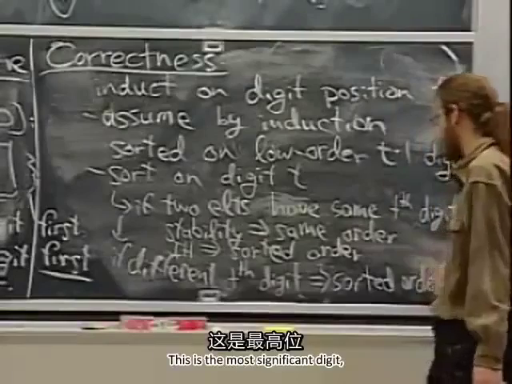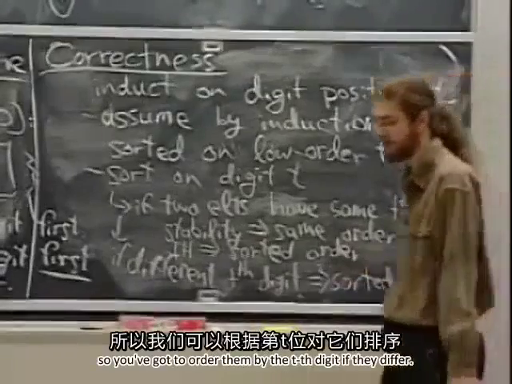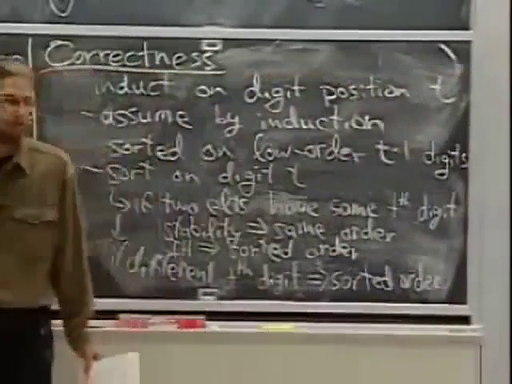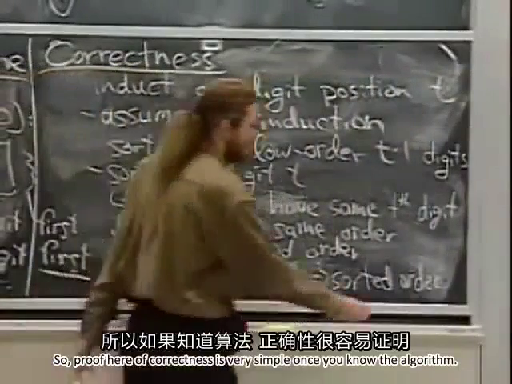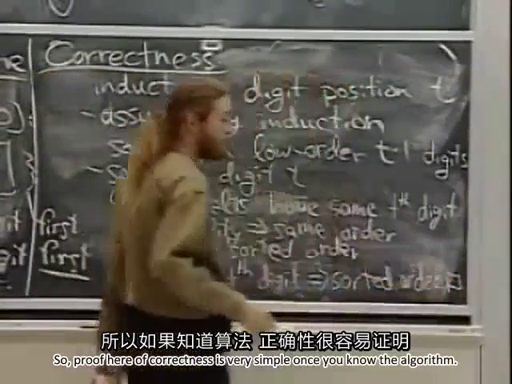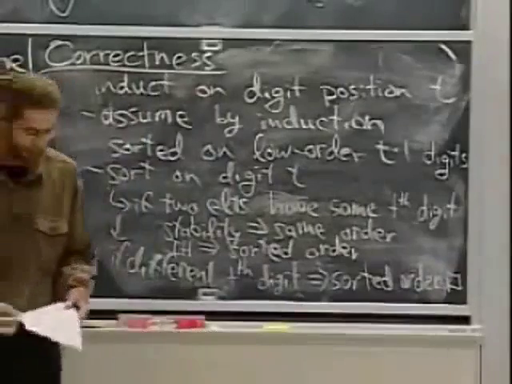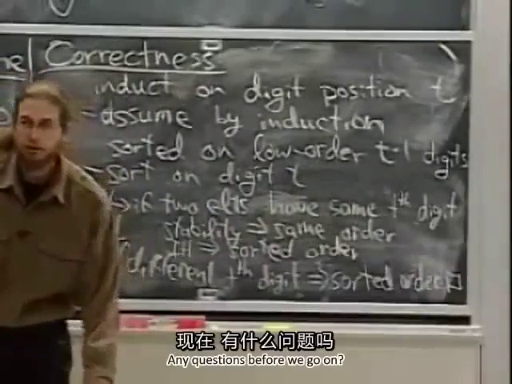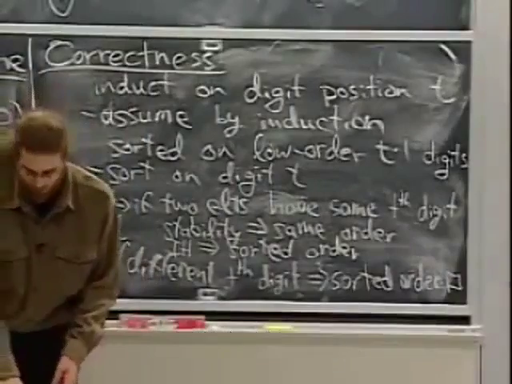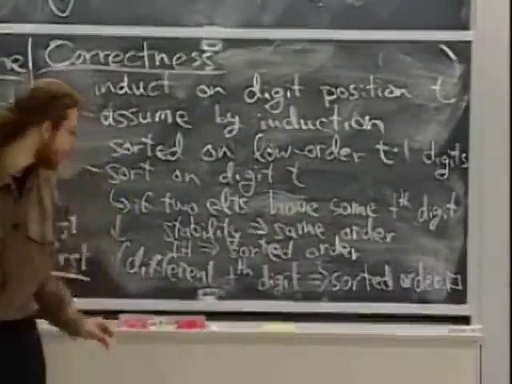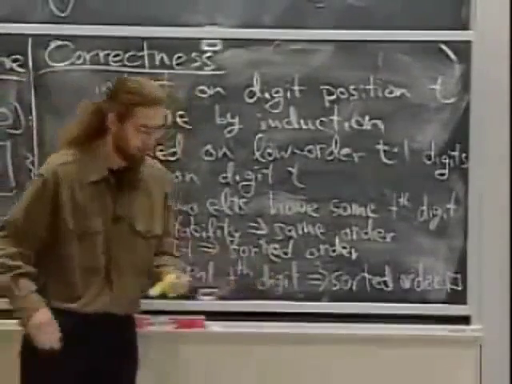Okay, this is the most significant digit, so you've got to order them by the tth digit. If they differ, the rest are irrelevant. So proof here of correctness is very simple once you know the algorithm. Any questions before we go on? Good.